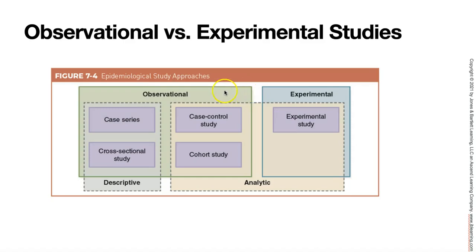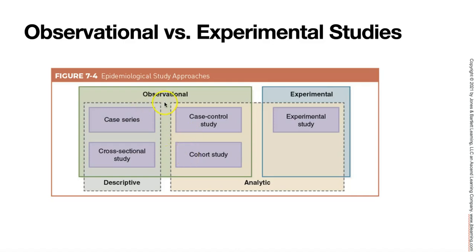We also have this other category of observational, where we are not manipulating any variables. We are just simply looking to see what is happening and then reporting on it. The observational category includes the case series or the case study, cross-sectional studies, case control studies, and cohort studies.